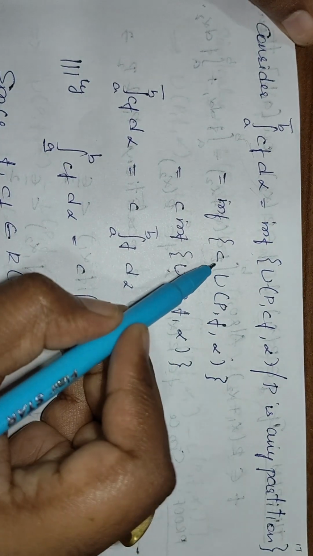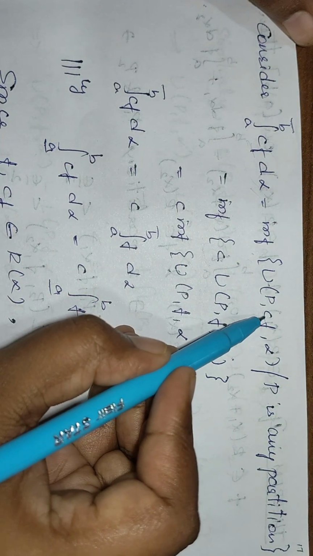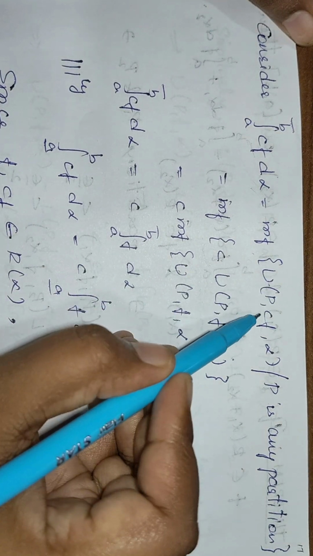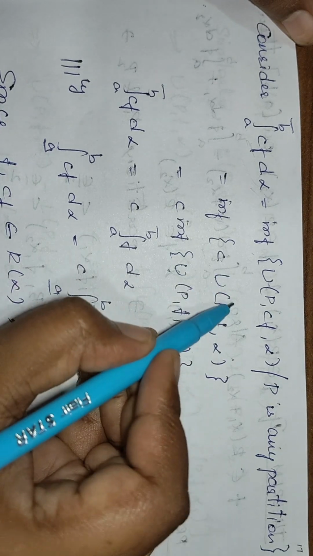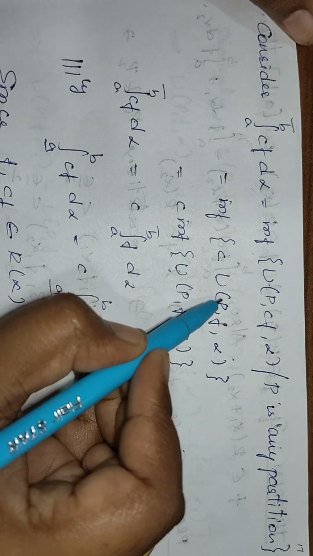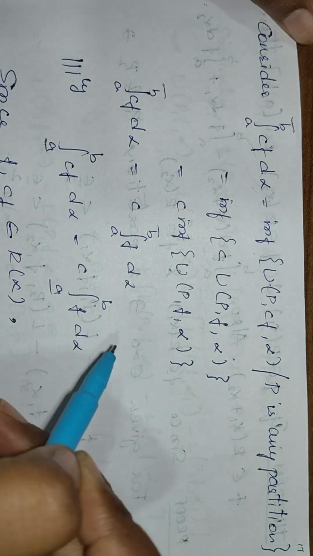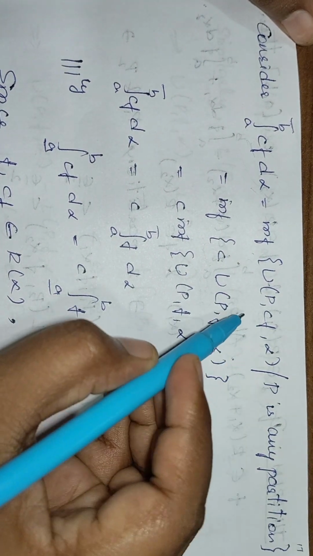Okay, and now if I take this c outside, since c is positive, it doesn't affect this U(P, f, alpha). See here, simply c into U(P, f, alpha) is nothing but U(P, cf, alpha). Okay, why? Because c is positive here.